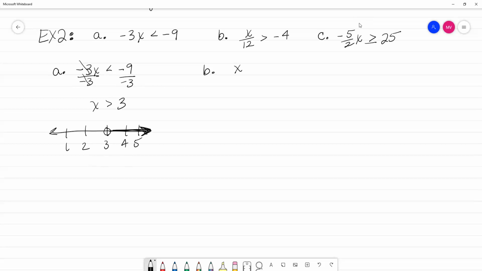Okay, so for B, x divided by 12 is greater than negative 4. All right, what do we need to do to isolate our variable? Right, so we multiply both sides by 12. These cancel out, so x is left the same. Do we need to reverse our inequality symbol?